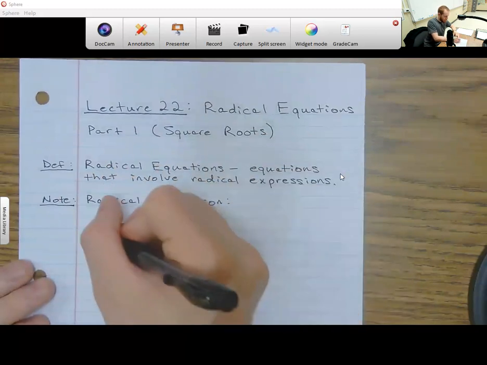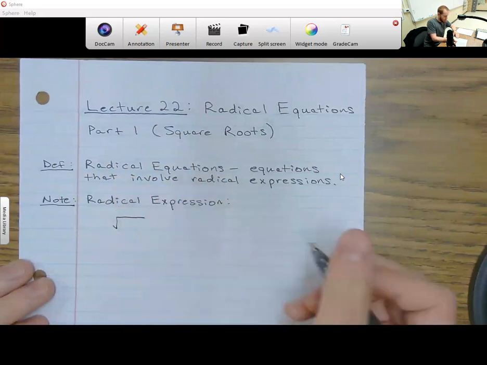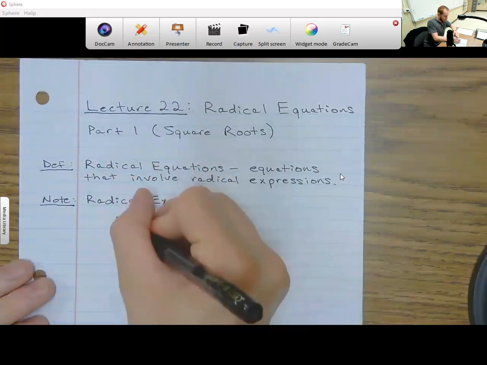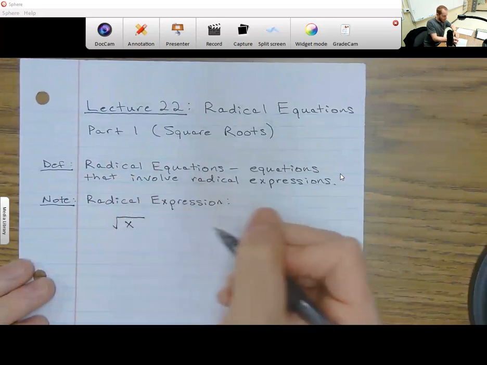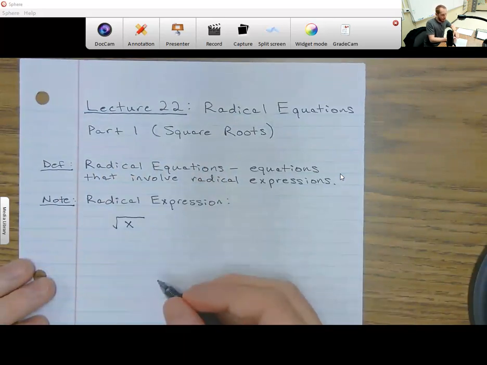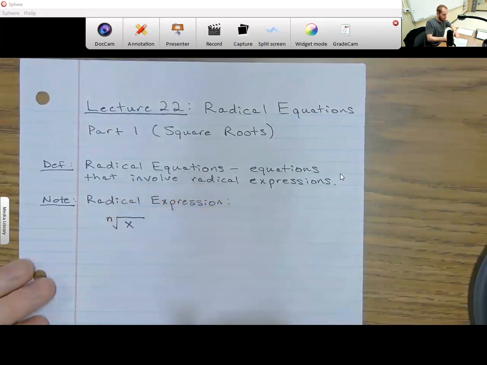So typically you're going to have a root that looks like this, with something on the inside, maybe an x plus 3, and an index on the outside, and I'm going to use the number n for that.